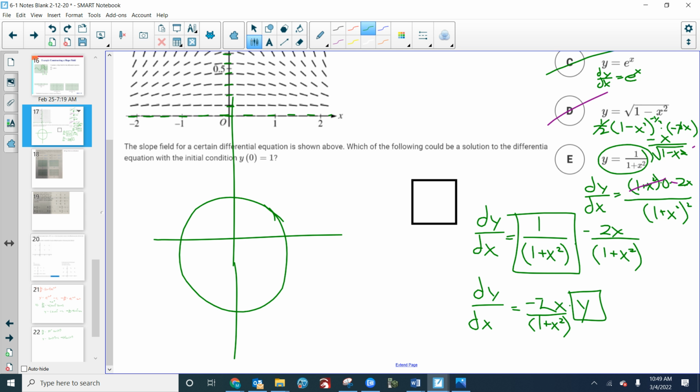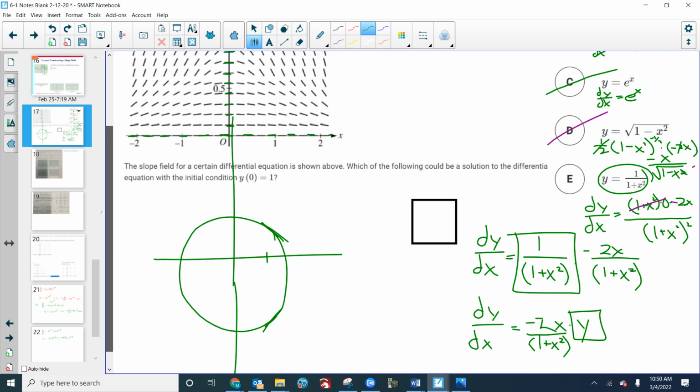Remember how, if it doesn't pass the vertical line test, there may be two different slopes for the same x because our derivatives were like negative 2xy. They could have two different slopes for the same x value because they depended on y as well. That's kind of what's going on here, okay?